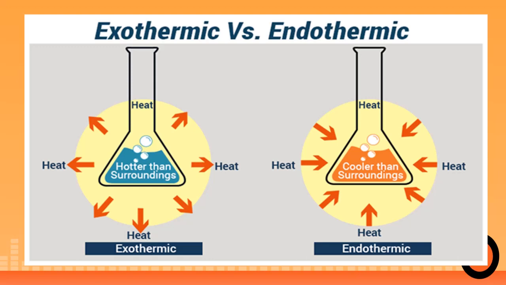In the other flask they are showing you an endothermic reaction, where the flask is absorbing heat from the surroundings and becoming cooler than the surroundings. So this change shows you exothermic and endothermic reactions simply.